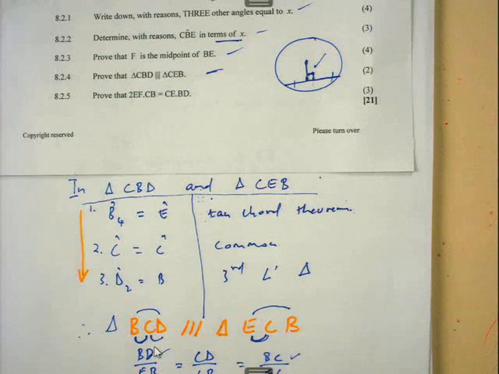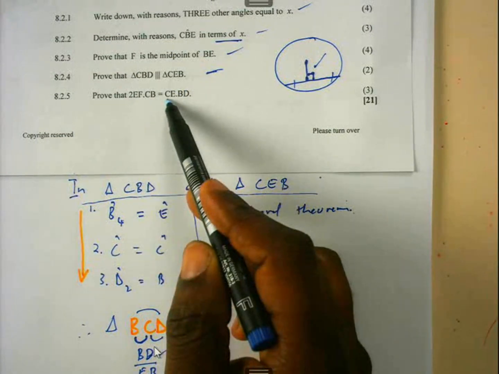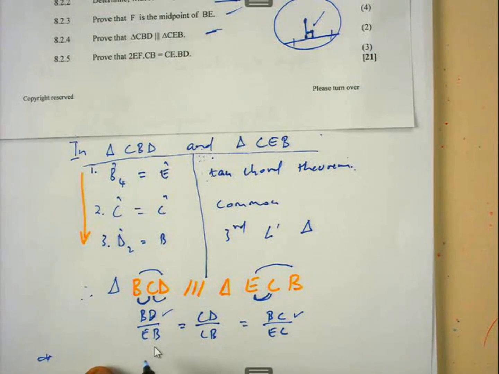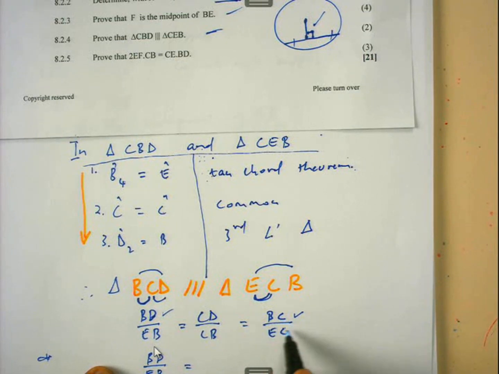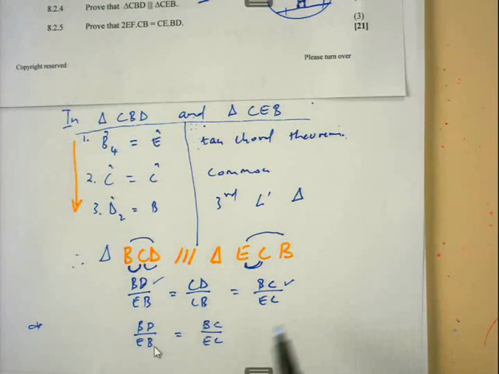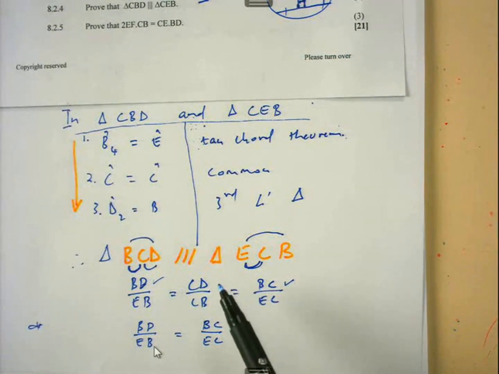Now we take the ratios that will assist us to answer the question. So for the next question, we say BD over EB is equal to BC over EC. We only chose two ratios. There were three. We wrote all three of them, but we only chose those two.